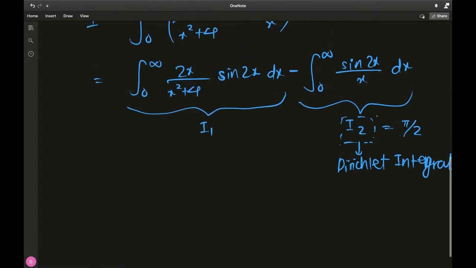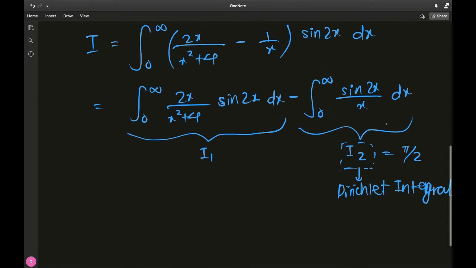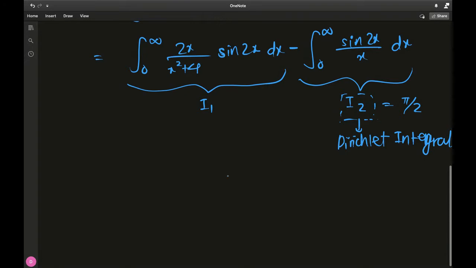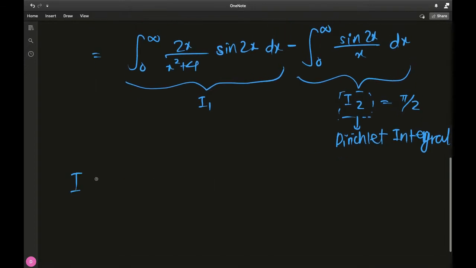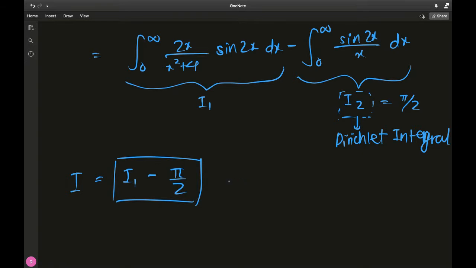I have actually made, I think, 2 videos on this, exploring the idea that no matter what constant is multiplied with the x in the argument of the sine, the answer will still be pi over 2. So our problem I is actually equal to I1 minus pi over 2, and that's our general equation that we need to work with.